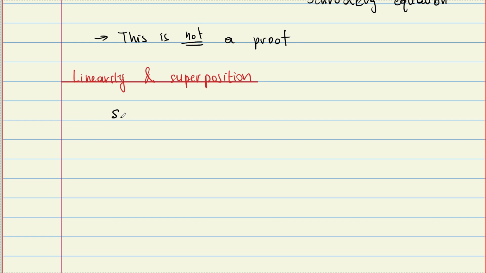The Schrödinger equation is linear, and what this means is that in the equation you only have psi and no psi squared, psi cubed, or anything like that. None of these terms exist, right? Only the linear term is there, so the equation is linear.